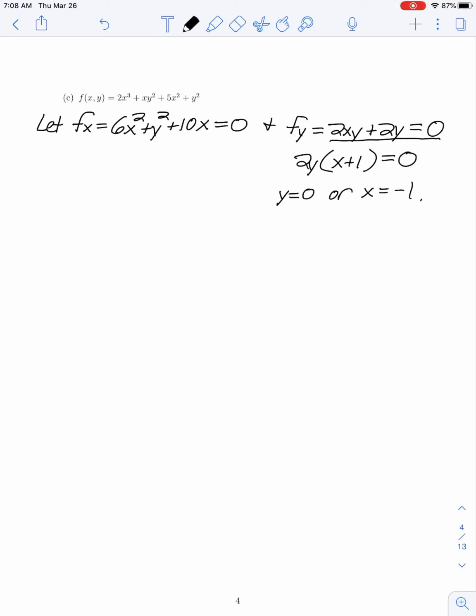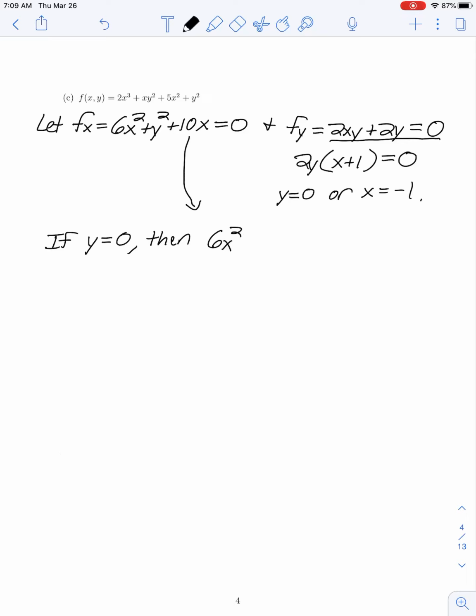Now, to have a critical point, I need to satisfy not only the second equation, but my first equation as well. So let's look at each of these cases and see how we could also satisfy that first equation. In my first case, let's look at what happens if y is equal to 0.